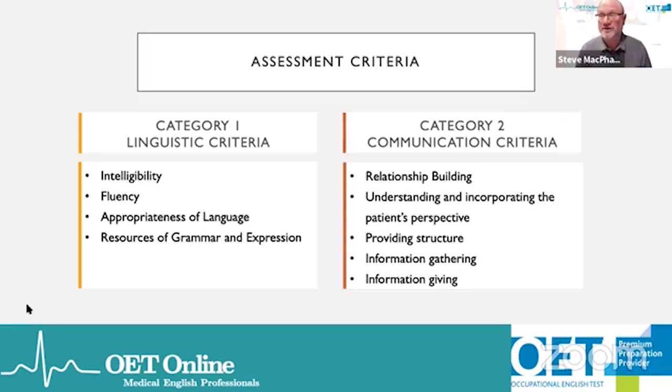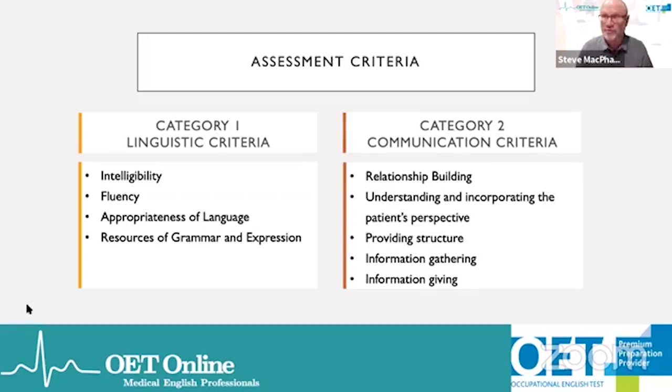The next category is appropriateness of language. Now, in terms of this OET speaking exam, that means if you are talking about a medical condition to a patient, you don't want to use too much technical jargon. You should be using language that your patient will understand. And you've got to get a nice balance with the right degree of formality.